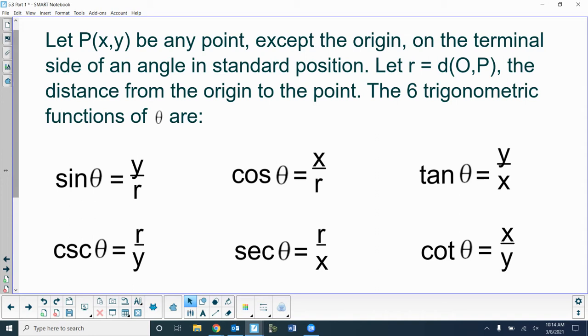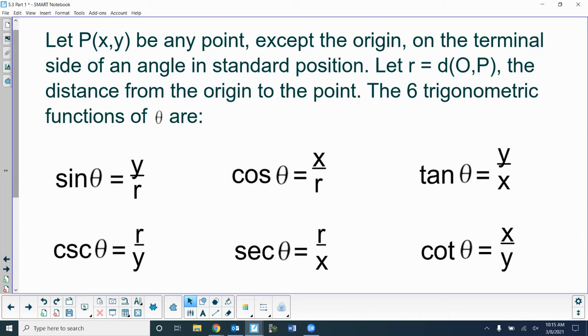And then we called that the initial side, and then we moved the terminal side around and stopped our angle wherever, right? So that's what they're saying. They're just moving it around. They said let r be the distance from the origin to the point. Okay, that's going to end up being our hypotenuse.